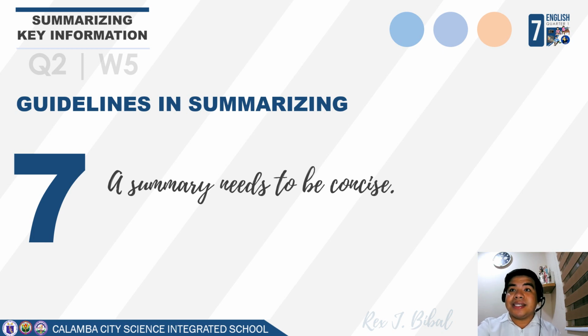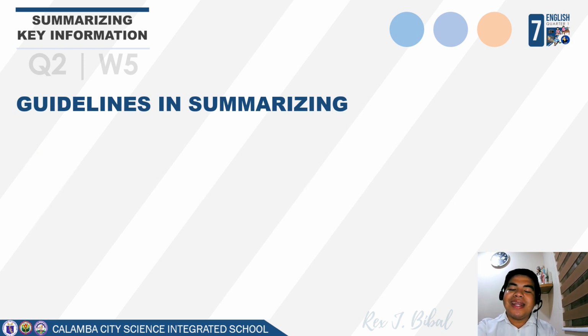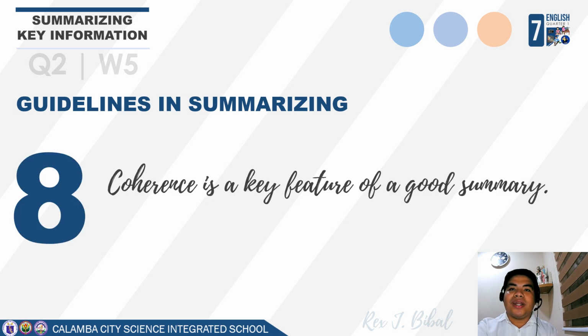Second to the last, a summary should be concise. What do you mean by this? Since a summary is relatively short, you should be able to avoid repetitions of ideas when writing. This will keep the good flow of a summarized text. Keep it short, simple, comprehensive, concise. The last, but definitely not the least, the eighth one is coherence is a key feature of a good summary.